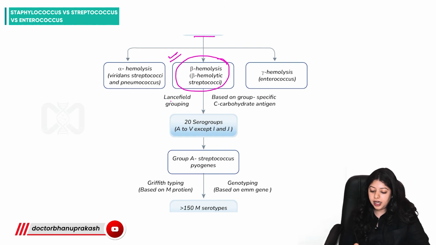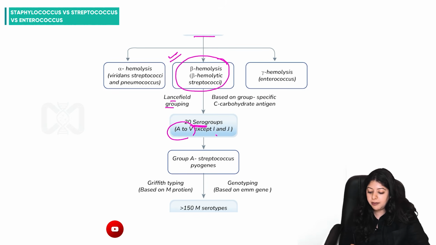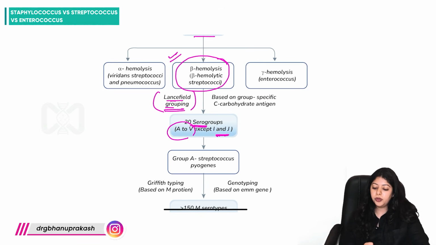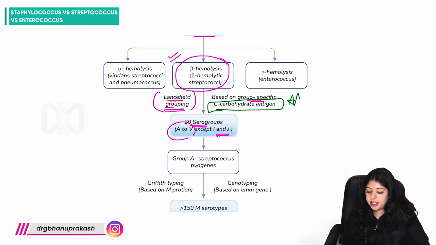For Lancefield grouping, it is the beta hemolytic streptococci, or streptococci which show complete hemolysis of RBC. They are further grouped into 20 serogroups, A to V except I and J, and these groups are known as Lancefield groups, which are based on group specific carbohydrate antigen.